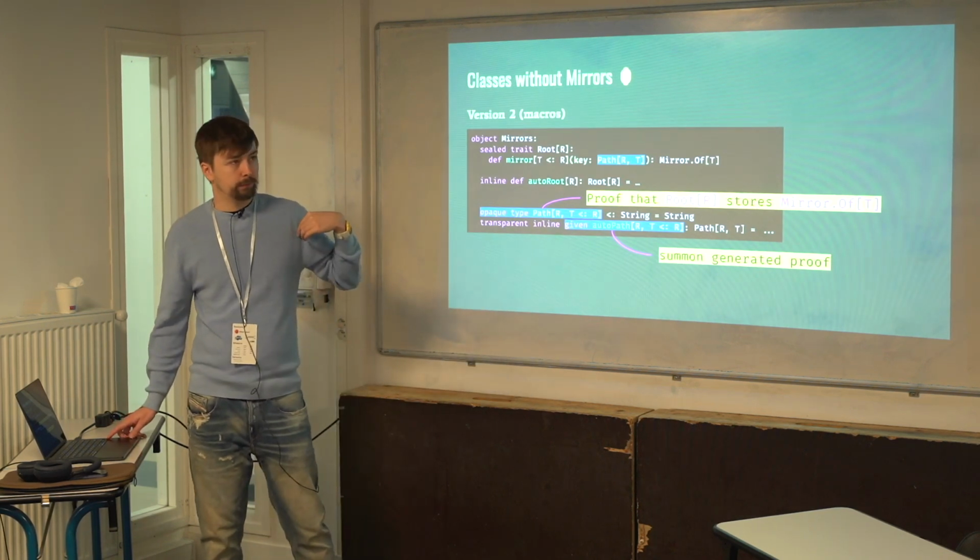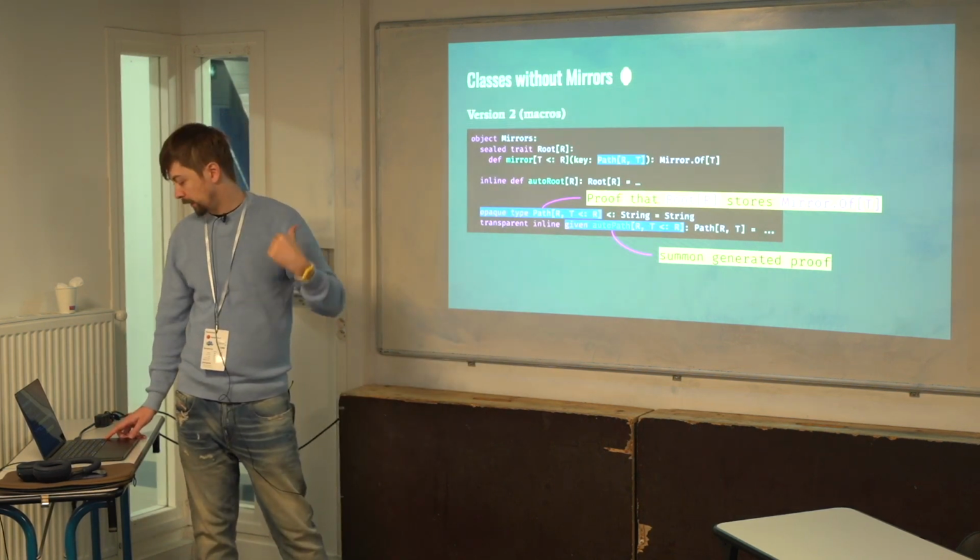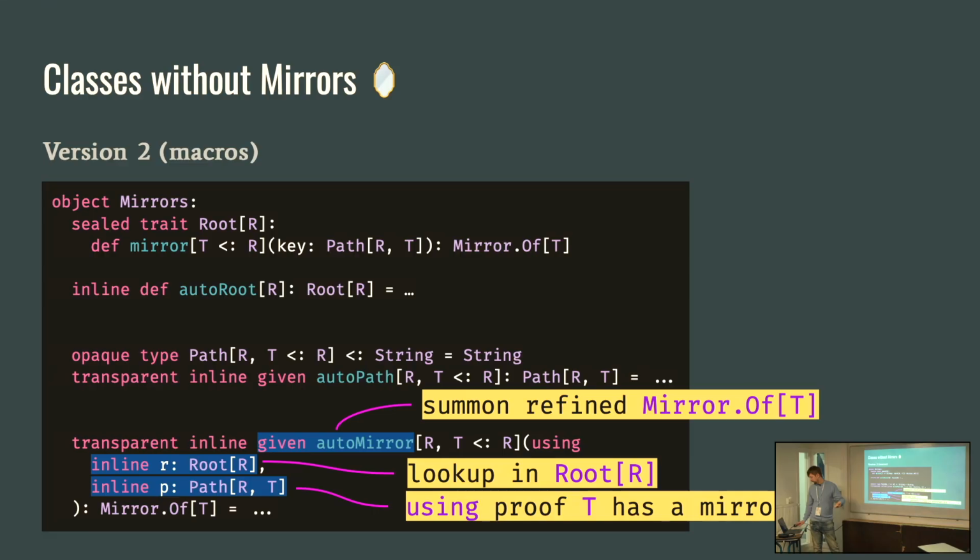So that's this class in there, and then finally we have this auto mirror thing that says, given that you have some root that you declared manually up here, and that we could generate the proof that we have the class in there, then we do the lookup and give you the mirror. And then basically we have to do some casting to make sure it has all the type refinements that mirrors come with.